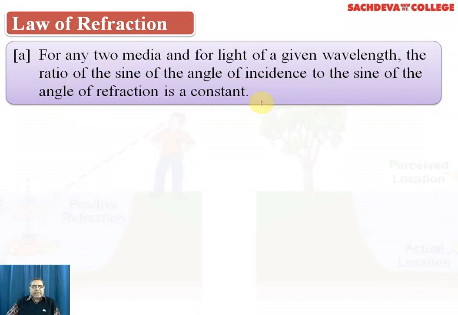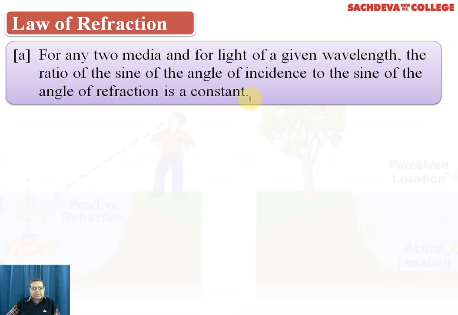That is, refractive index is sine i over sine r, where i is angle of incidence and r is angle of refraction, and it depends upon whether the light is moving from rarer to denser or from denser to rarer. So, for two media, the light of given wavelength, for example, we consider the light as red, the wavelength must be taken as about 7,000 angstrom units, and then we have to take the ratio of sine of incidence angle and the refraction angle. So that ratio is found to be constant for that particular wavelength.